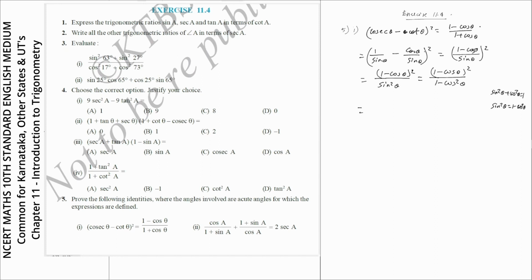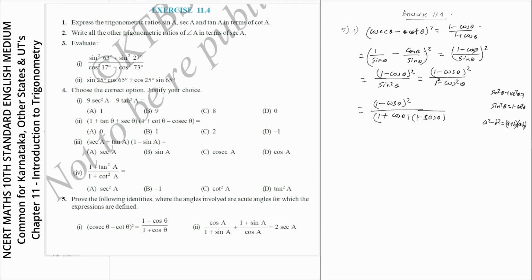Now here 1 I can write as 1 square. What is a square minus b square? A square minus b square is equal to a plus b into a minus b, right? So the denominator 1 square minus cos square theta I can write as 1 plus cos theta into 1 minus cos theta.